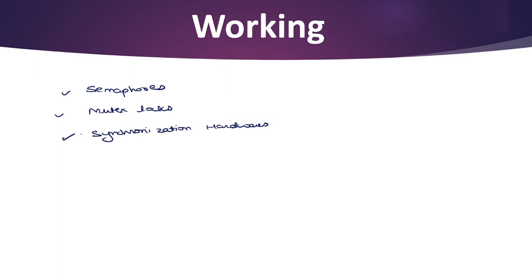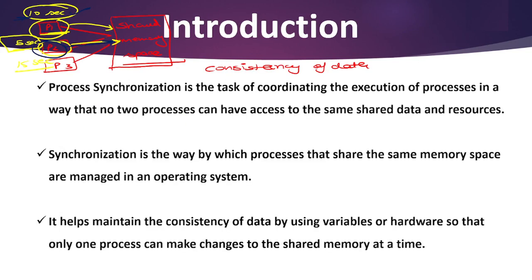Okay. Next very important point: whenever we are using process synchronization, the processes can be categorized into two different parts. The first is independent process, and another is cooperative process.